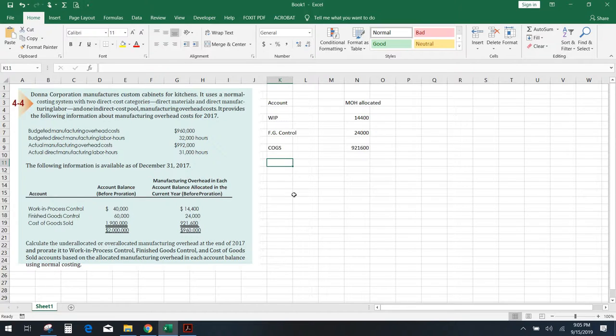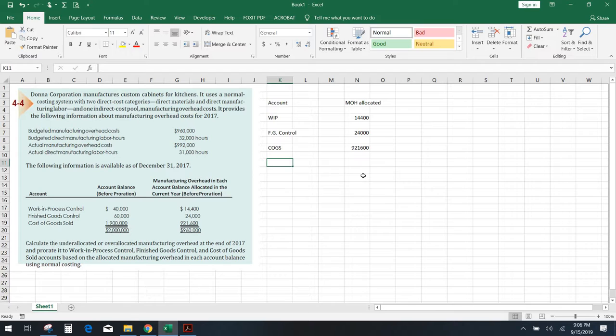Well, basically, they want us to figure out how much overhead was allocated. Is that amount of overhead under or over allocated? And then they want us to adjust for the under or over allocation based on how much is in these accounts. Okay, so three parts to that.